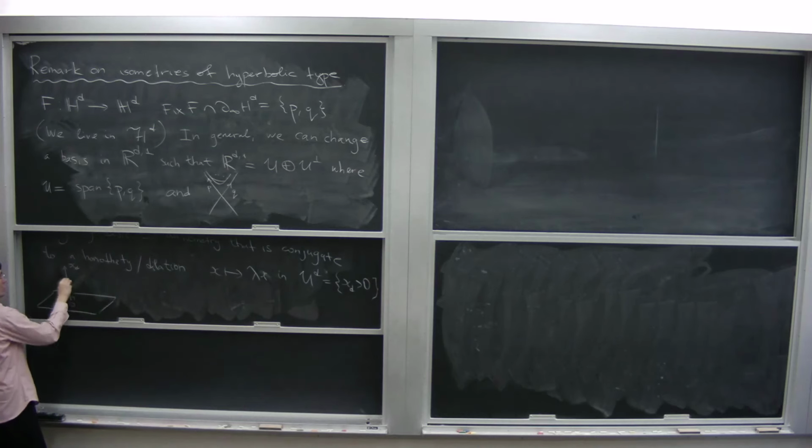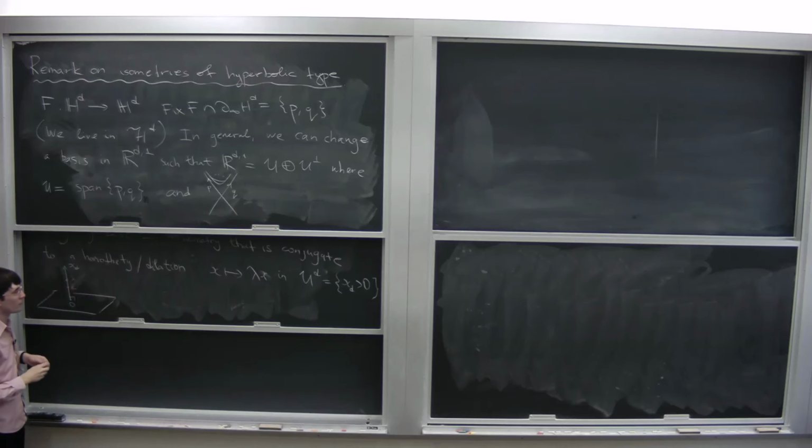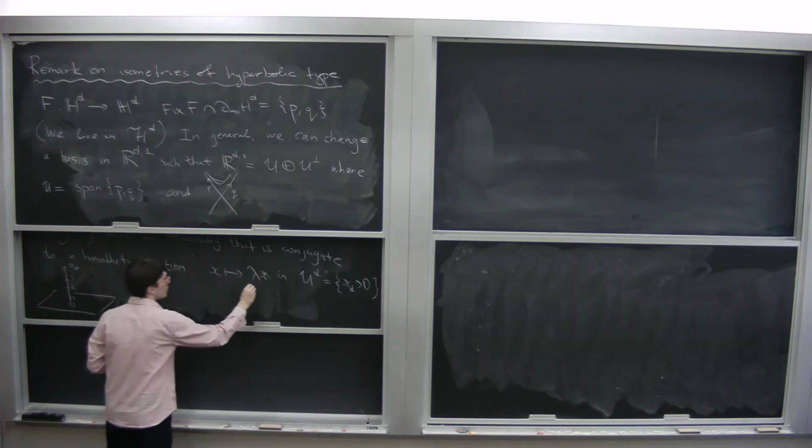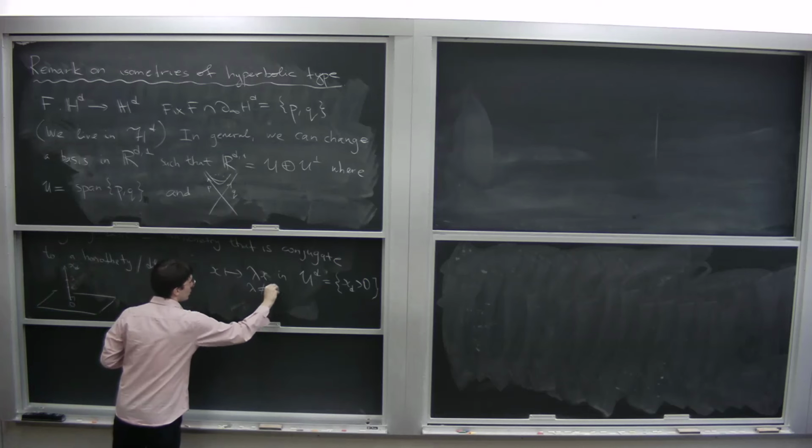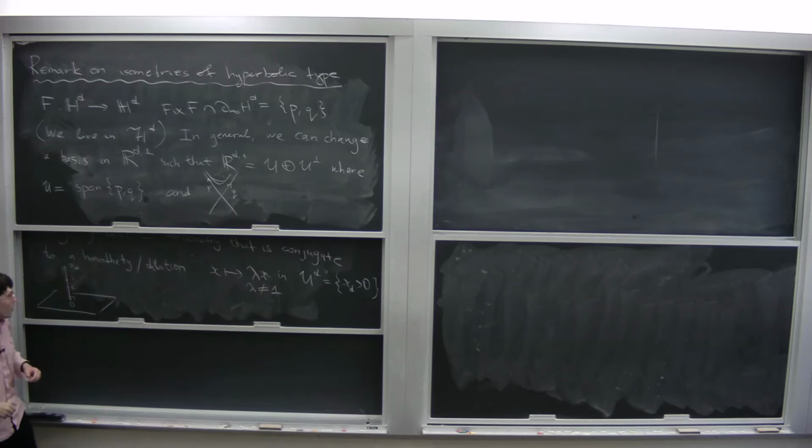If a point is 1, then the next point is lambda and so on. So the orbit of this point belongs to this ray from 0 to infinity. We can assume that lambda is greater than 1, and then this is an expanding homothety, an expanding dilation.